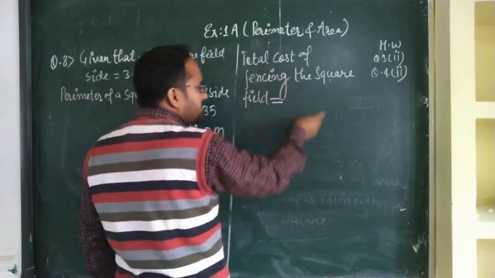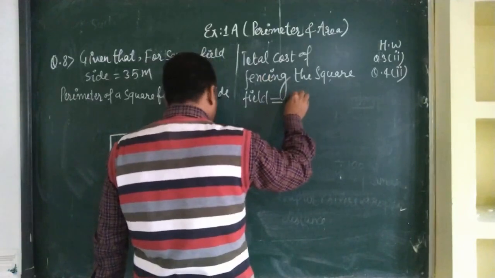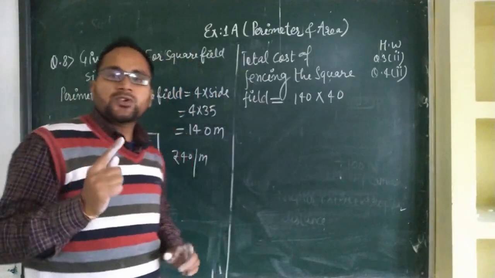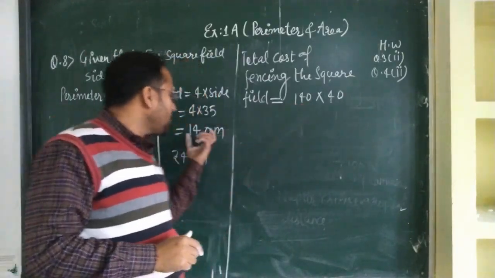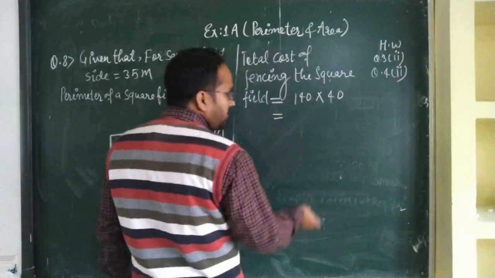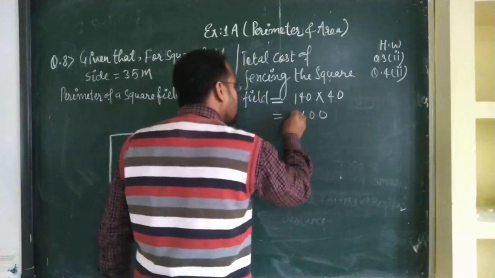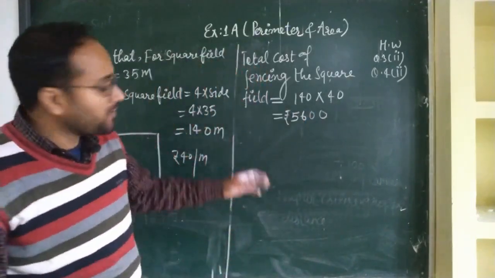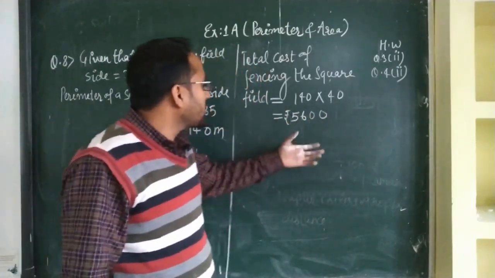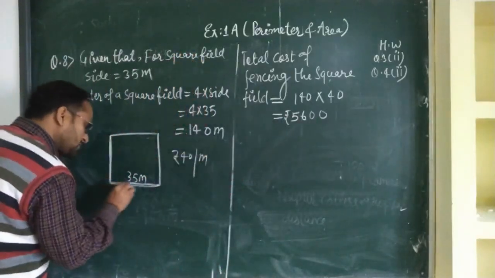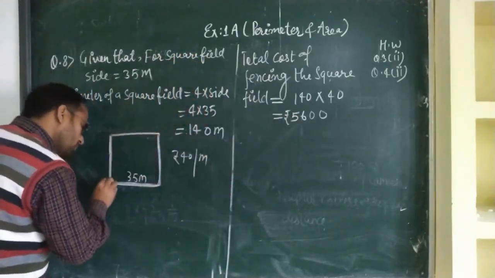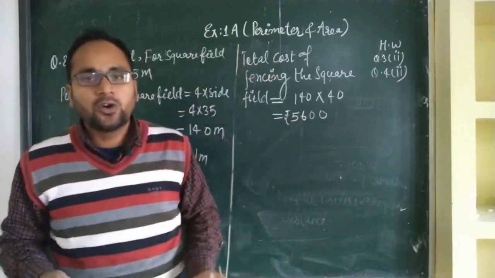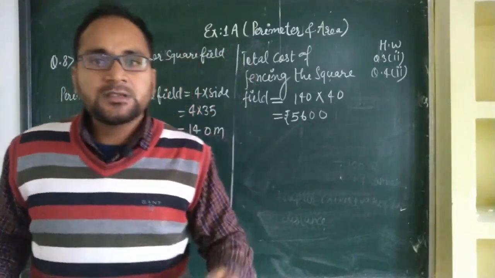Total cost of fencing the square field is equal to 140 multiplied by 40 rupees, because 1 meter costs 40 rupees. So 140 multiplied by 40 is 5,600 rupees. This is the total cost of fencing this square field all around.